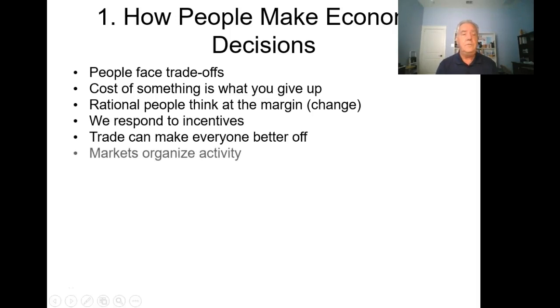Next, markets organize activity. This is the key. Every market has 4 things: supply, demand, price, quantity. And that tends to organize activity. If, for instance, we like products, we buy a lot of them. If we don't buy it, it disappears from the shelf.